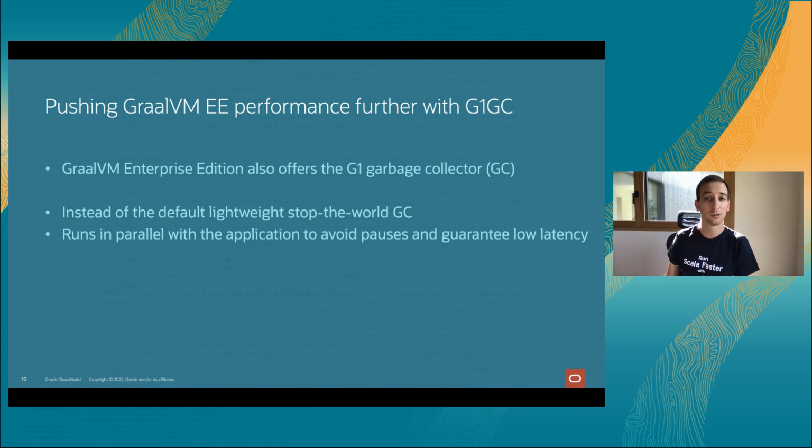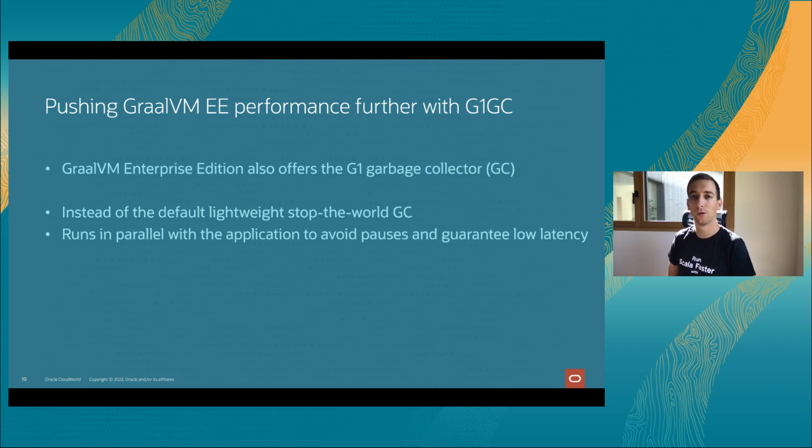And the G1GC is also available on the JVM. It's a garbage collector that works in the background. It runs in parallel with your application. There is a constant overhead of having the garbage collector running, because it does the job in the background, but it avoids at all costs the full GC pauses and tries to optimize for low latency.